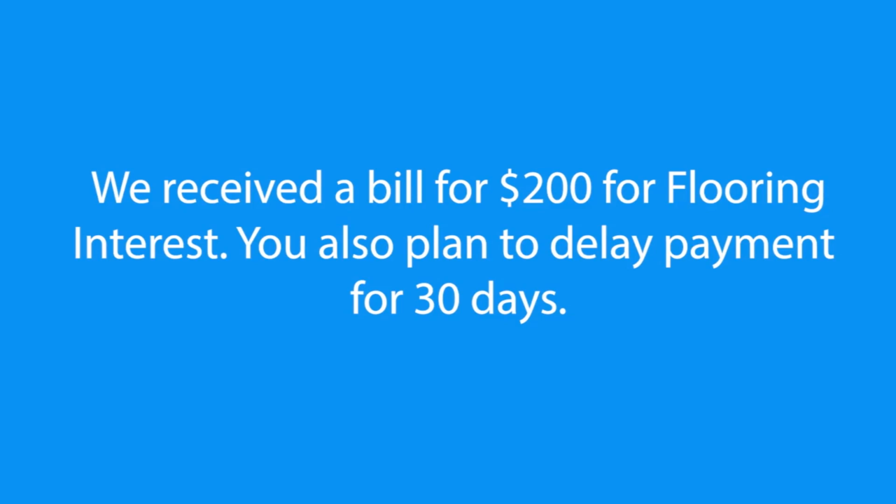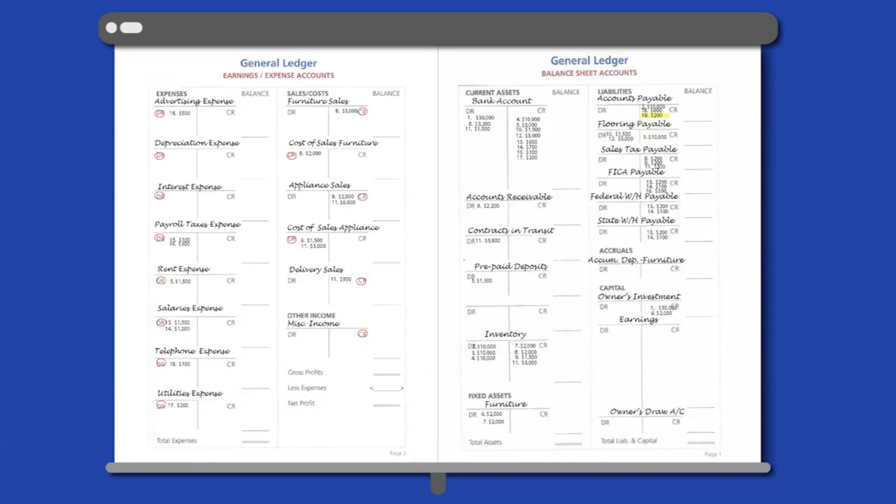Do we have a volunteer? Tammy, tell us what you did. Good. Credit accounts payable for $200. Okay, now why didn't you credit flooring payable? Very good. Excellent.